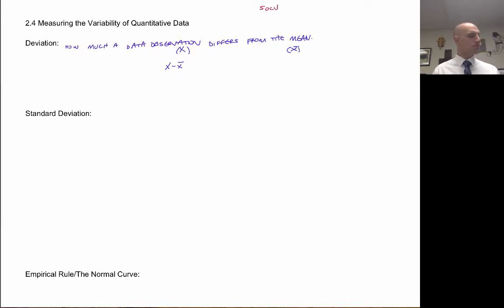So standard deviation, and this is a huge concept, something we need to be able to articulate and talk about. Standard deviation is the average deviation from the mean of every value.